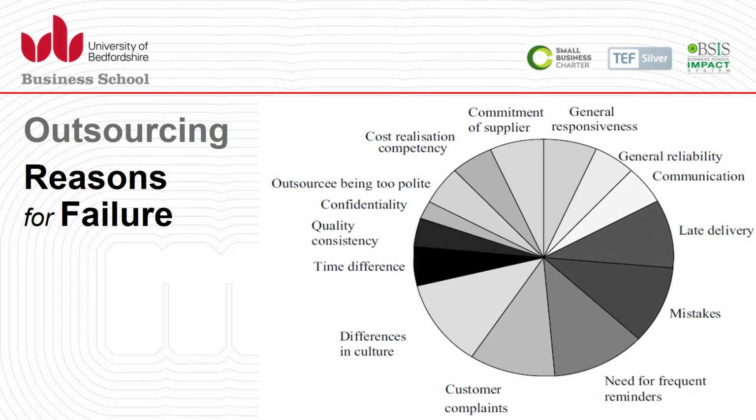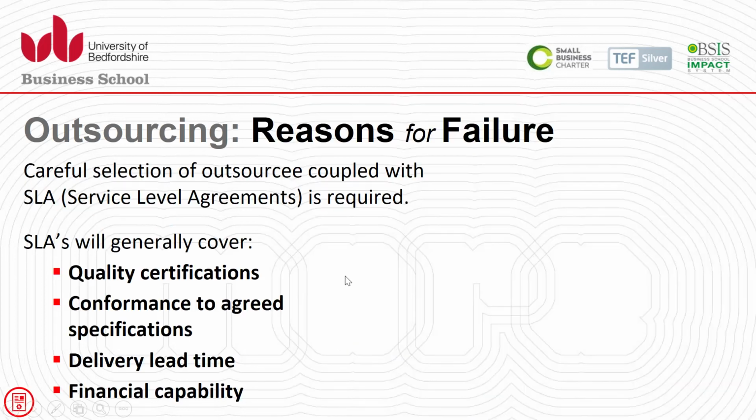The reasons can be communication, commitment, mistakes, errors, quality compromise, time differences, and a number of other reasons like reminders frequently, cost realization, for example, and culture differences can be some of the key reasons for failure of outsourcing.